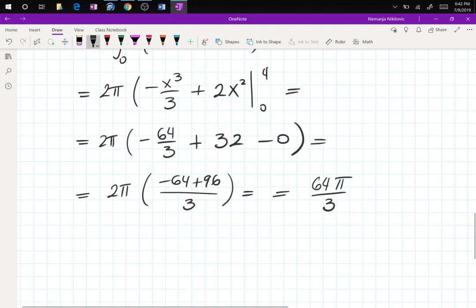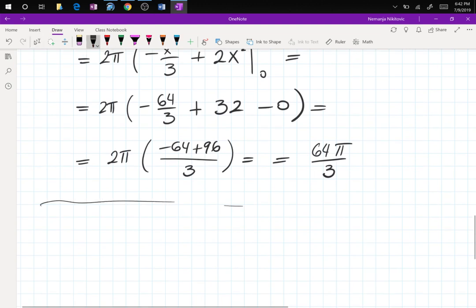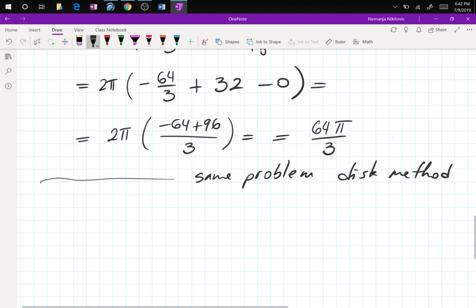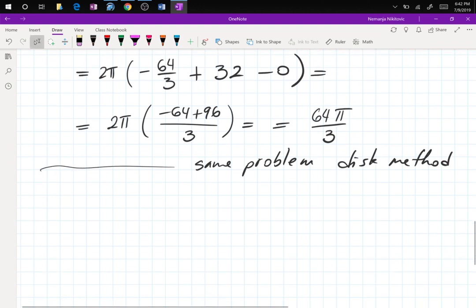So same problem done with the disk method, and now we are going to understand, hopefully, why we need the other one.